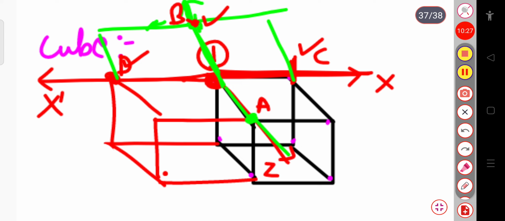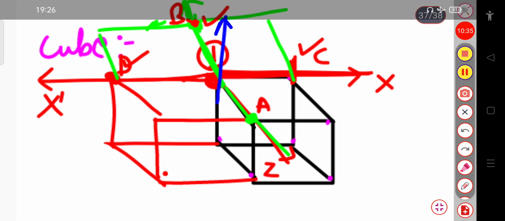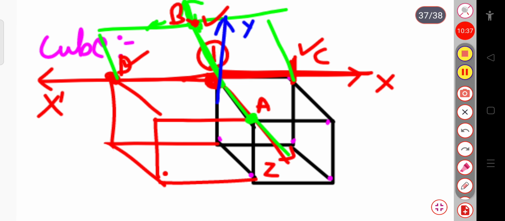And also if I consider the y-axis, the vertical axis, this one is the y-axis. Similarly, if you imagine a cube just above the unit cell, then the atom at the corner of that cube will be one nearest neighbor.